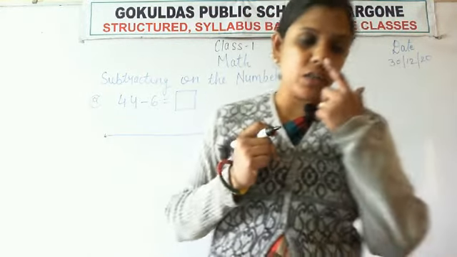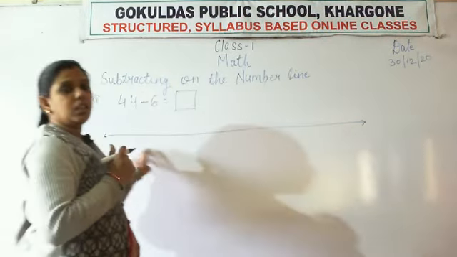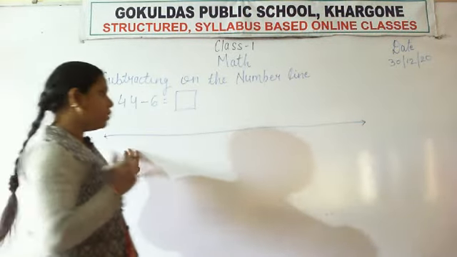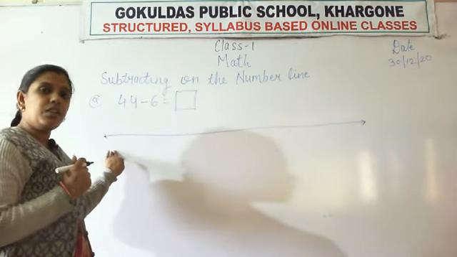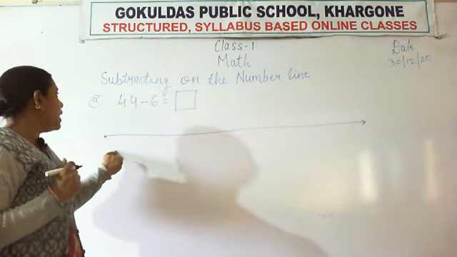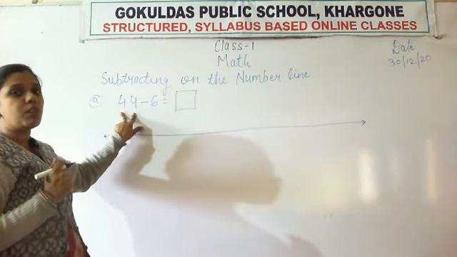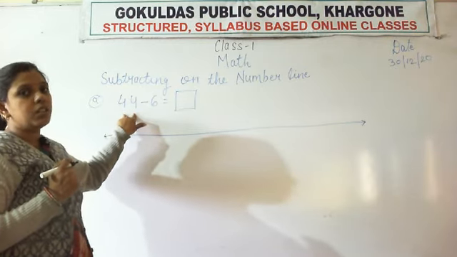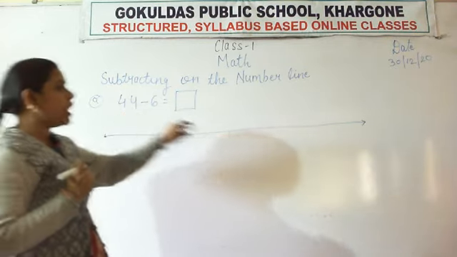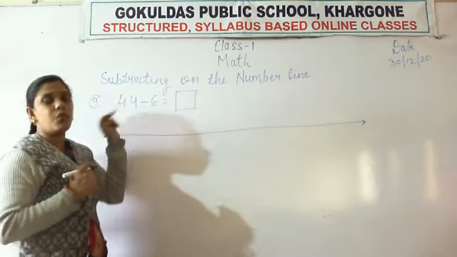So in this question we write the numbers on the number line in reverse counting. Here what is the number? 44.